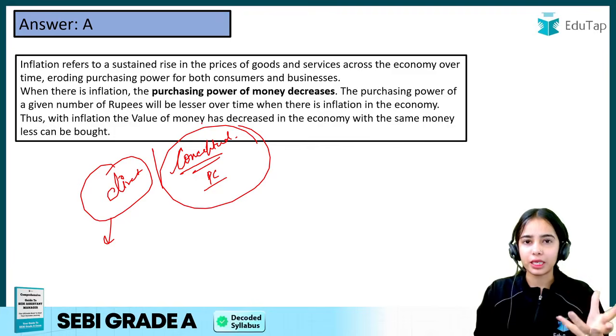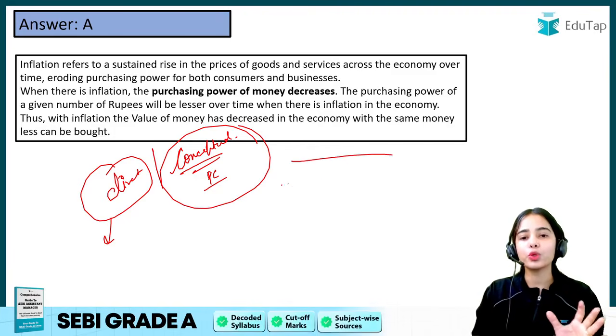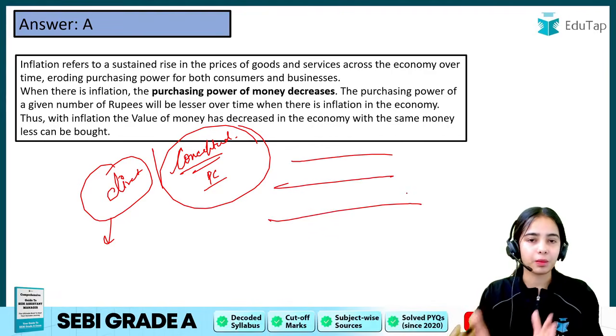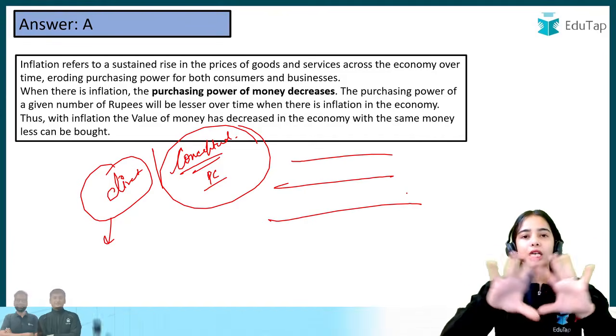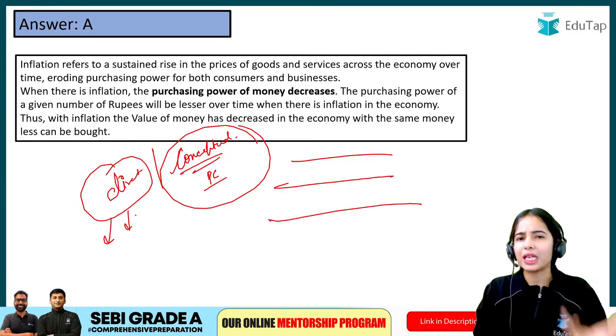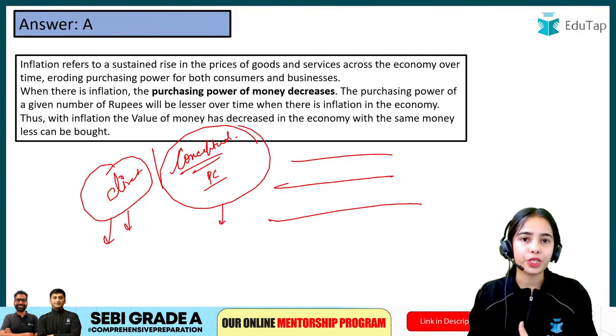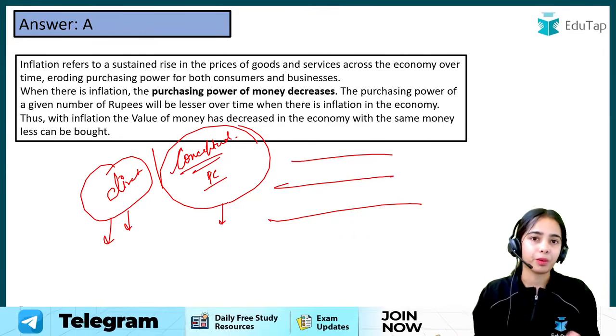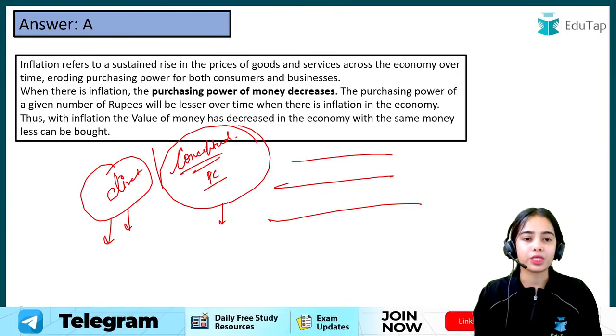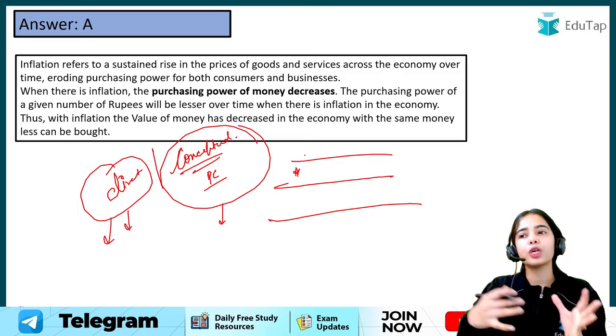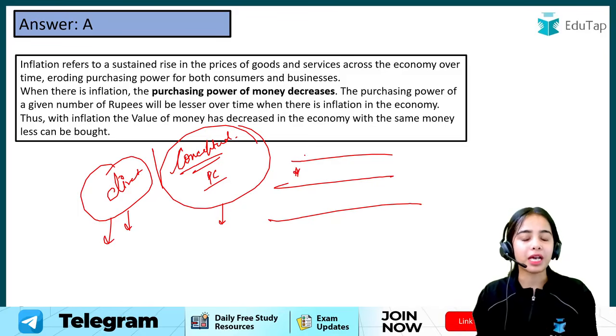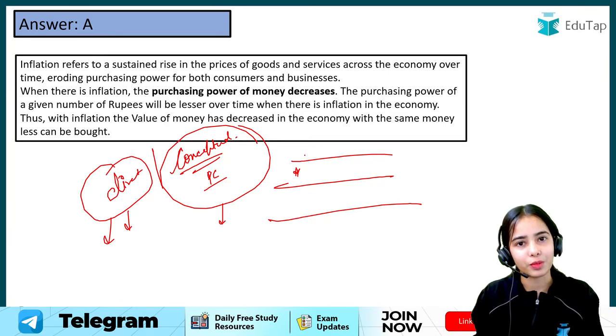So I request you to go through the syllabus completely so that you are able to answer the direct questions very easily. But if a conceptual question comes, you should not leave it, because it is phase 2, every question counts, right? So you should go through the syllabus in a more detailed manner, so that you are able to answer the conceptual questions also.